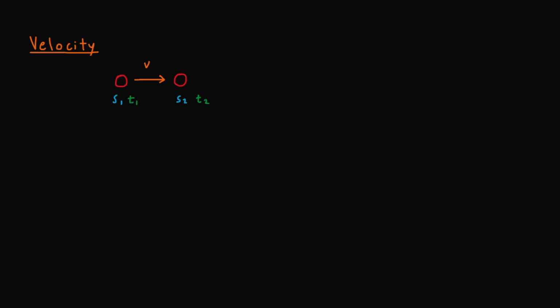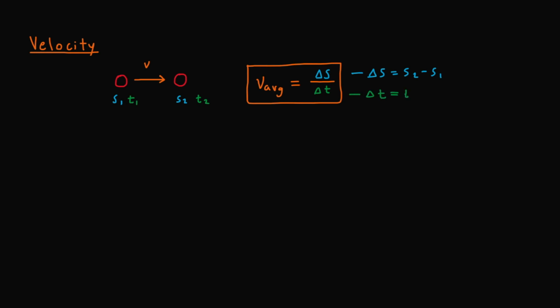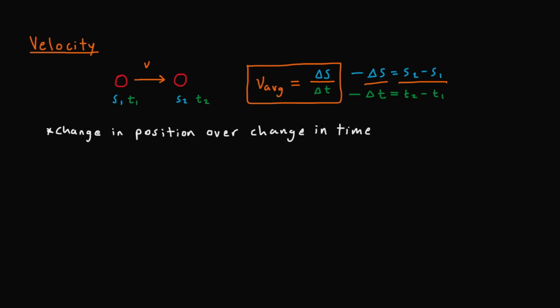So from this we can simply express average velocity as change in position s over change in time t. And of course remember that delta s, or the change in s, is simply s2 minus s1. And likewise, delta t is equal to t2 minus t1.